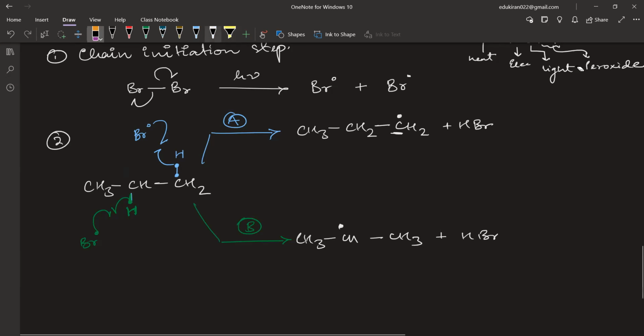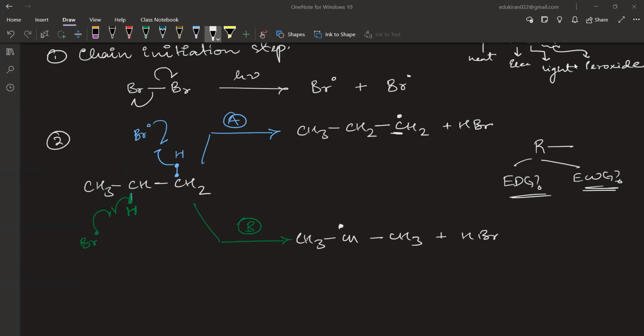If the carbon is electron deficient, one more thing. Is the R group electron withdrawing or electron donating? The alkyl group is electron donating. All of you remember this: alkyl groups are electron donating groups. Now, in the A case, we have only one alkyl group, and in the B case, we have two alkyl groups.